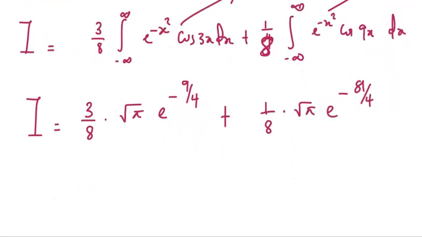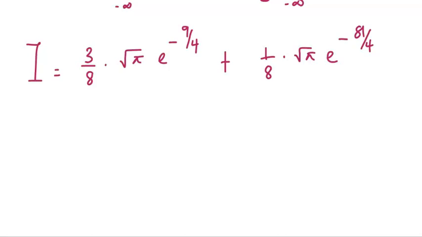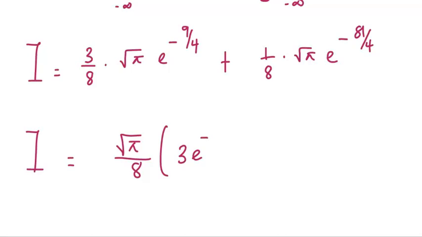I think we're done. So I is finally equal to the square root of pi by 8 times the bracket of 3 times e raised to the power of negative 9 by 4 plus e raised to the power of negative 81 by 4. So this is our solution.